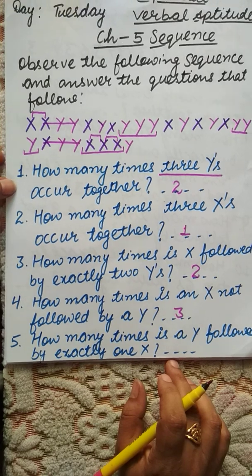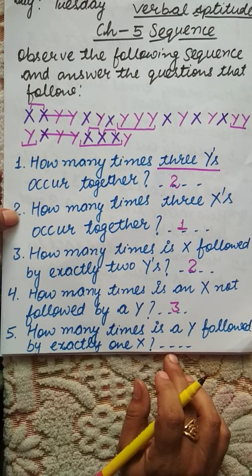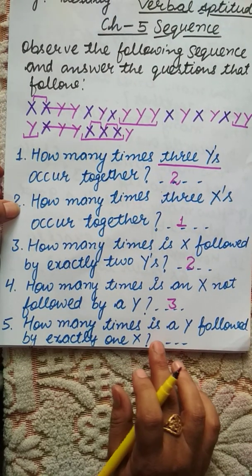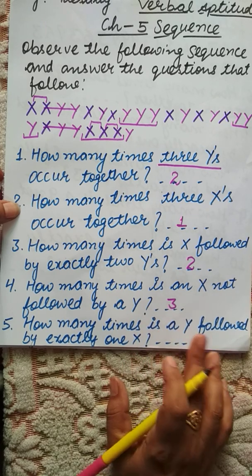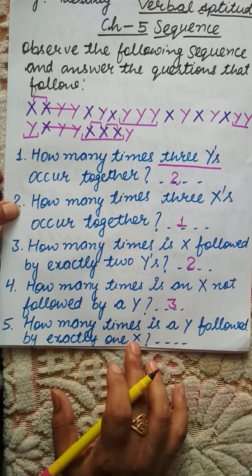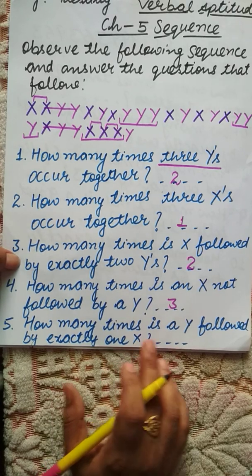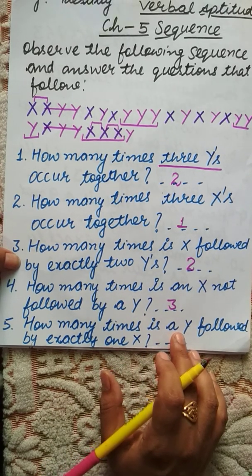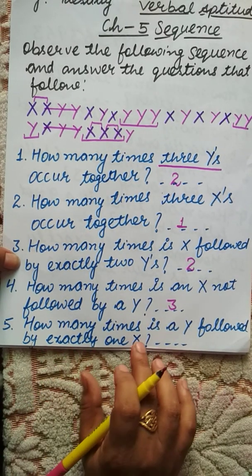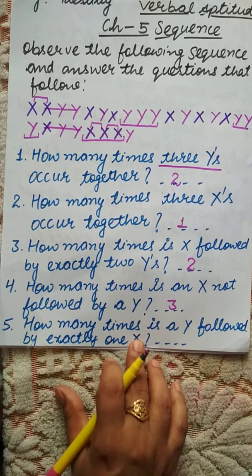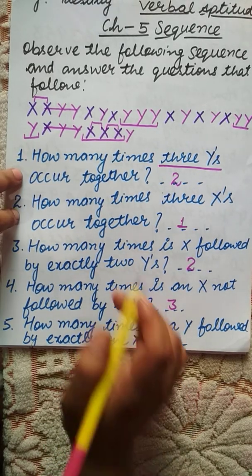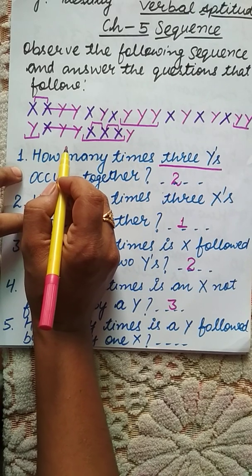Next question is, how many times is a y followed by exactly 1 x? I have to find out the options where y is followed by x.